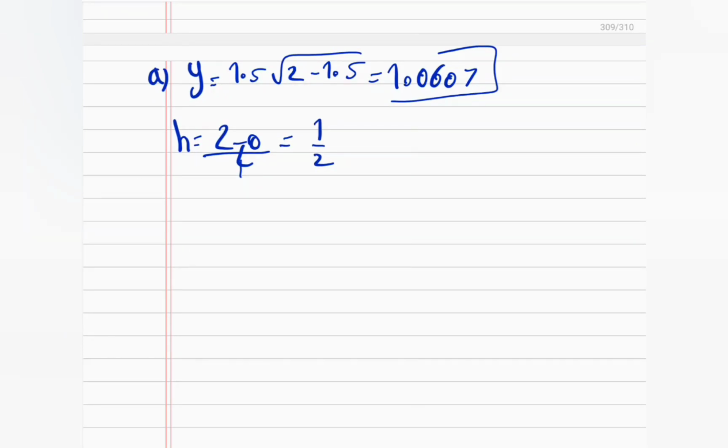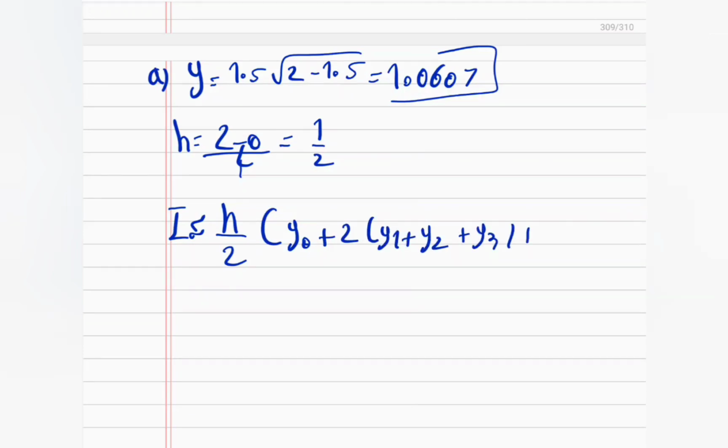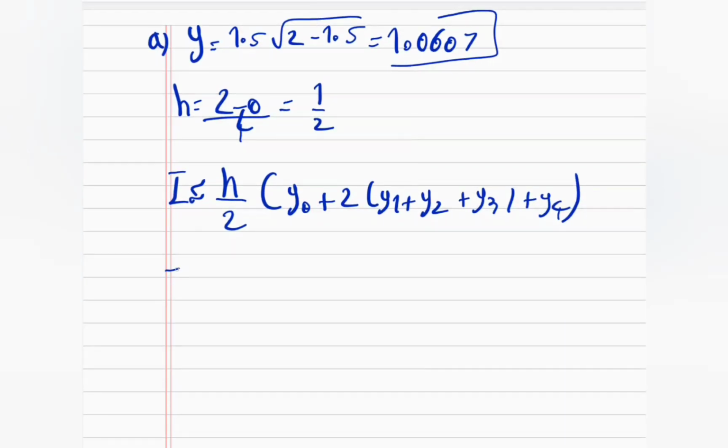I is approximately h over 2, so y0 plus y4, plus 2 times y1 plus y2 plus y3. For h we know that h is a half, and then a half divided by 2 is 1 over 4.